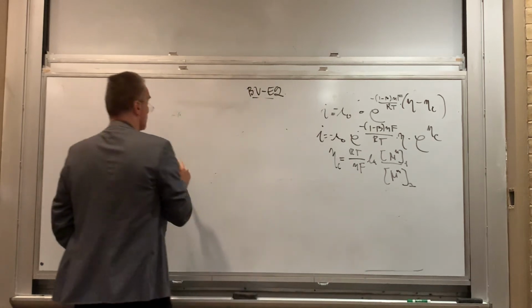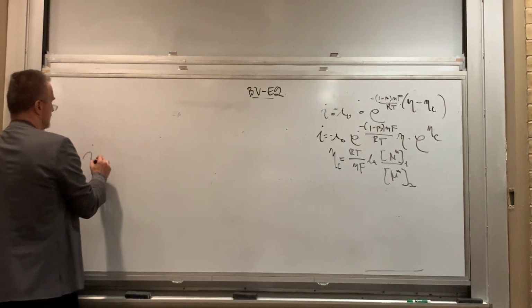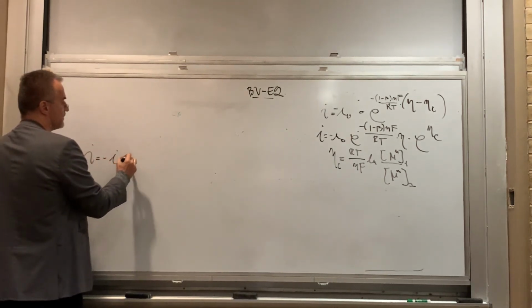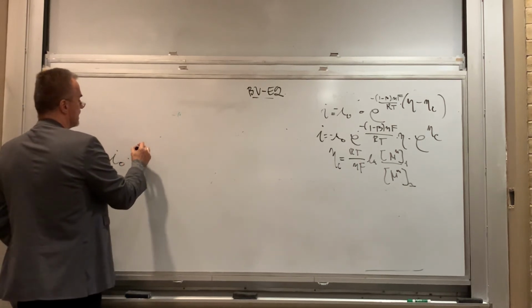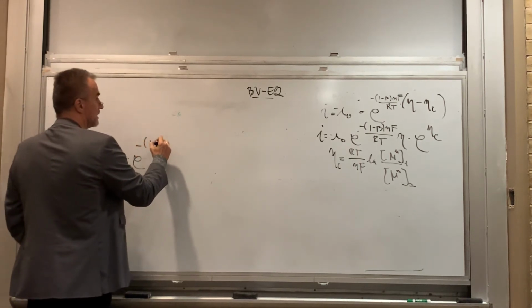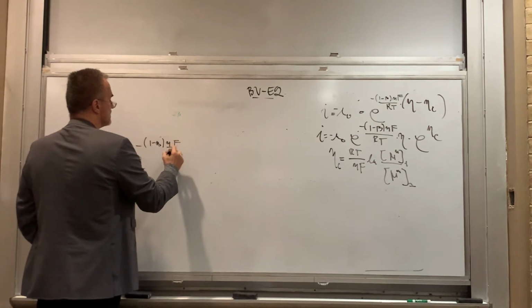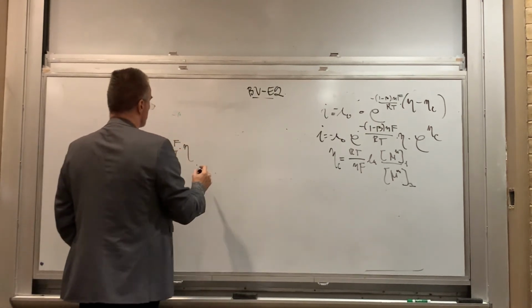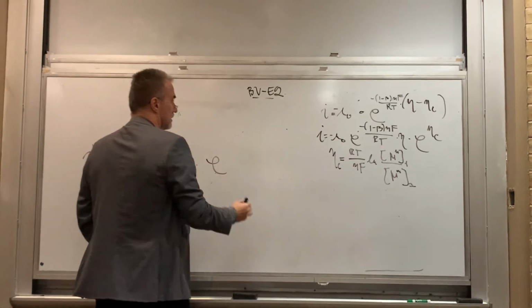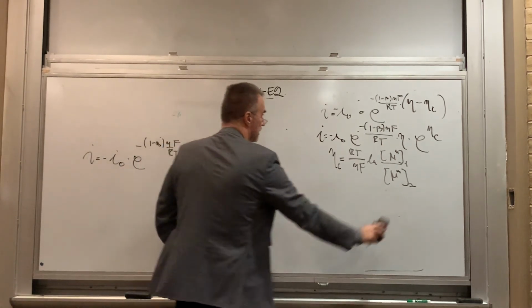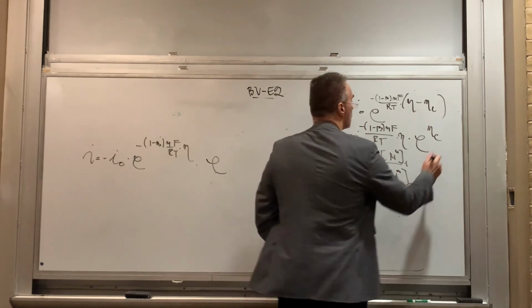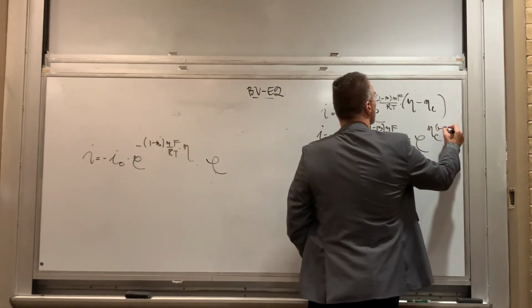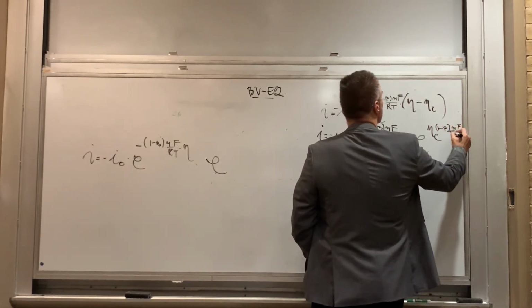Let me just continue here. So current is equal to minus I naught e to the minus 1 minus beta nF over RT eta times, actually here I just forgot to write this whole thing, minus 1 minus beta nF over RT, right?